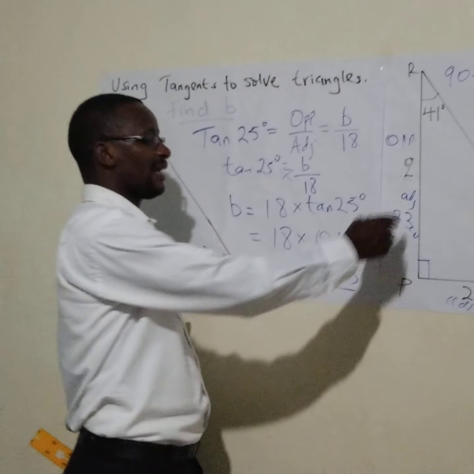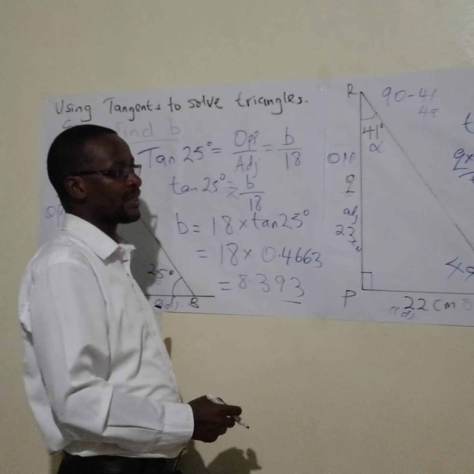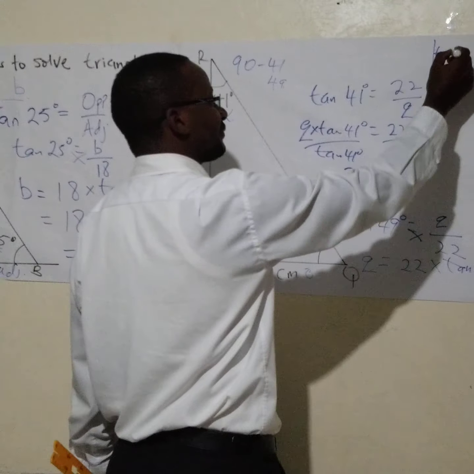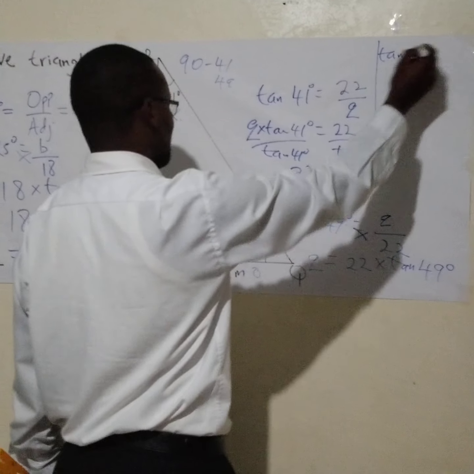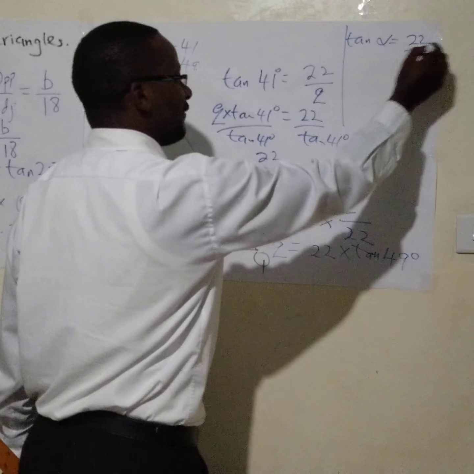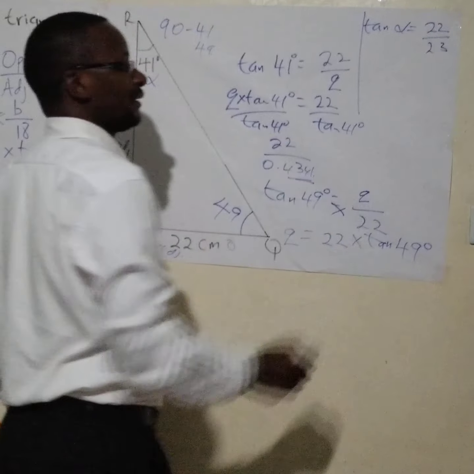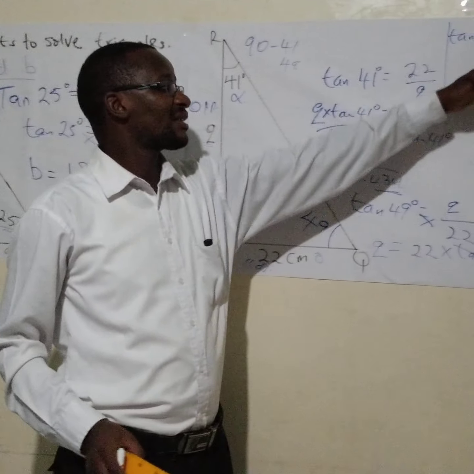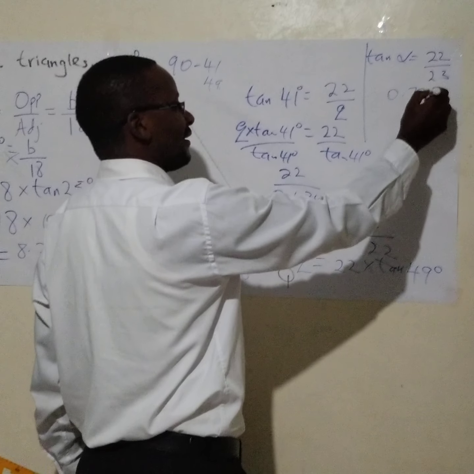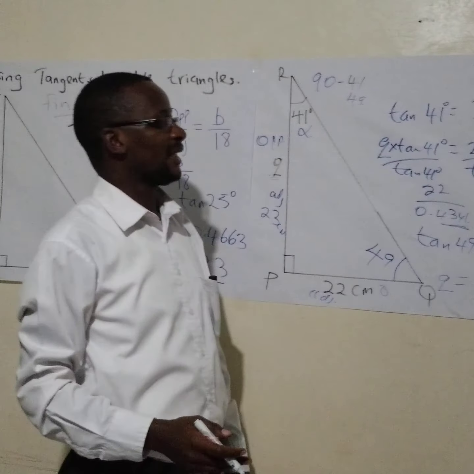If this angle is alpha, and this is 22, and this is 23, you will just say tan alpha is equal to opposite, which is 22, divided by 23. So you work this out, and let's say you get 0.7942. I don't know what you get here, just divide and tell me what you get.